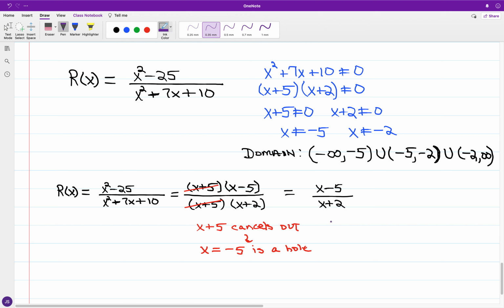In this case, x plus 2 remains. So there could have potentially been two vertical asymptotes, but with x plus 5 canceling out, we have instead one hole and one vertical asymptote, and the lone vertical asymptote is at x equal to negative 2.